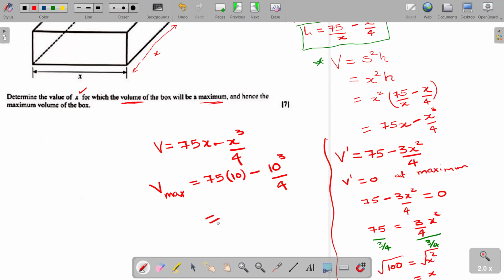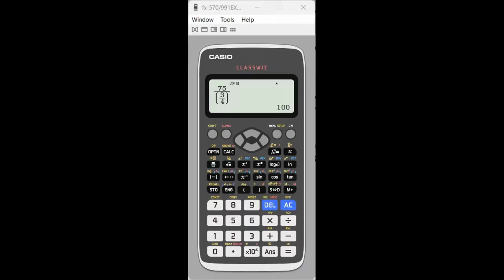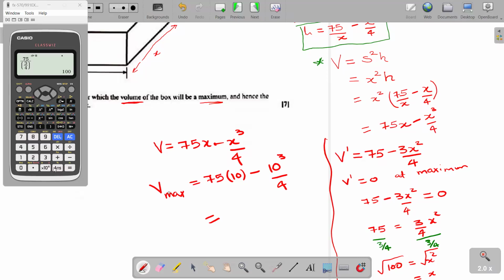So this is going to give us, we go to our calculator. We are going to get 75 multiplied by 10 minus the fraction 10 cubed divided by 4, which is going to give us 500.